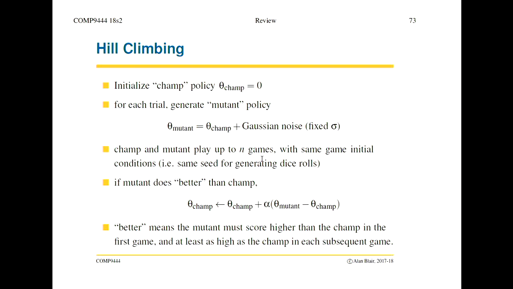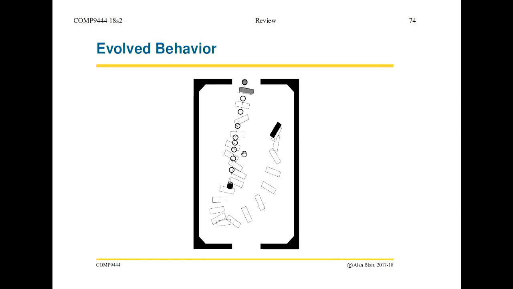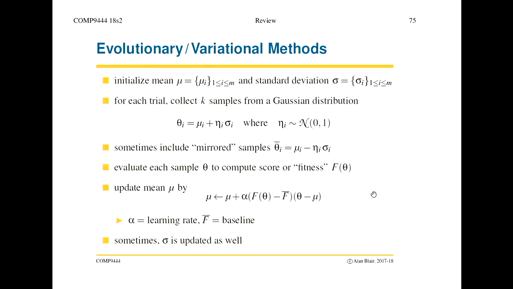In this version you always move, but the amount by which you move depends on the fitness of the mutant compared to the average fitness across multiple mutants. If this mutant gets a particularly high fitness, then you move very far towards it.